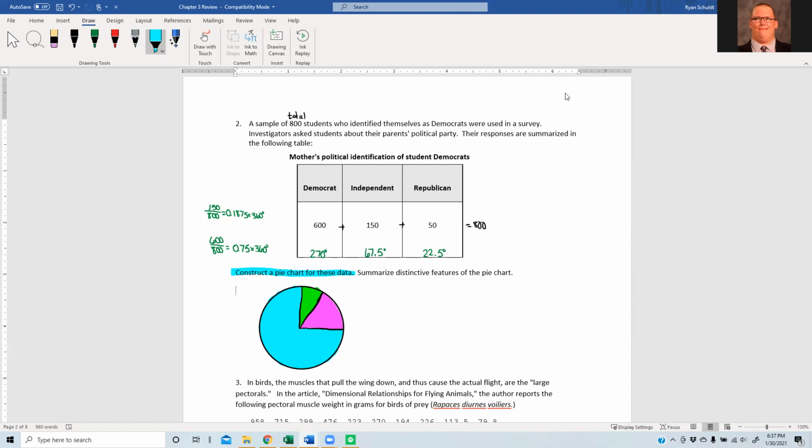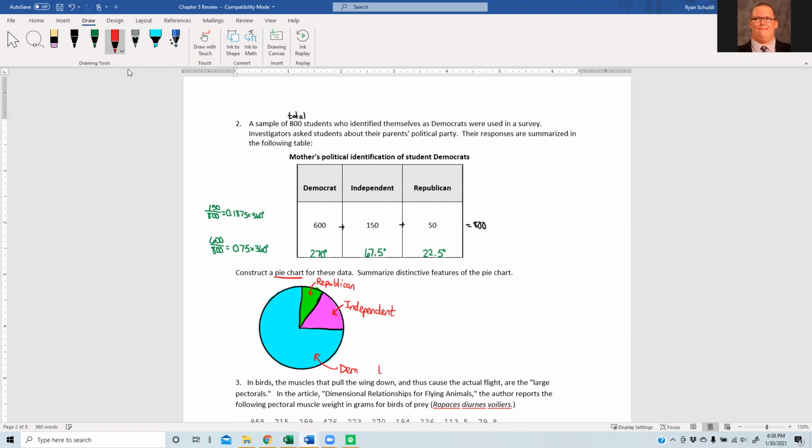Now remember, when you do a pie chart, it's not enough to just stop there. We need to label what each piece is. So the green piece here, what did we say it was? It's our small one. It's Republicans. This piece means their parents are independents. And then this big old chunk is where their parents were Democrats.